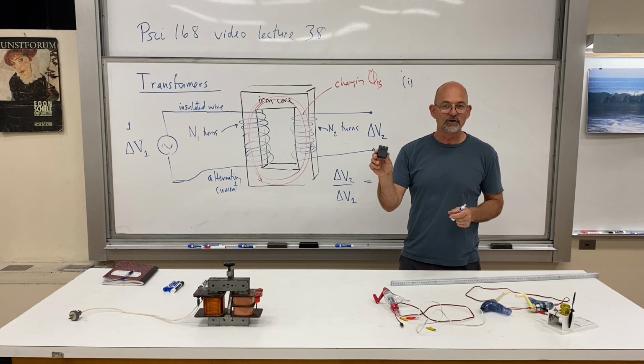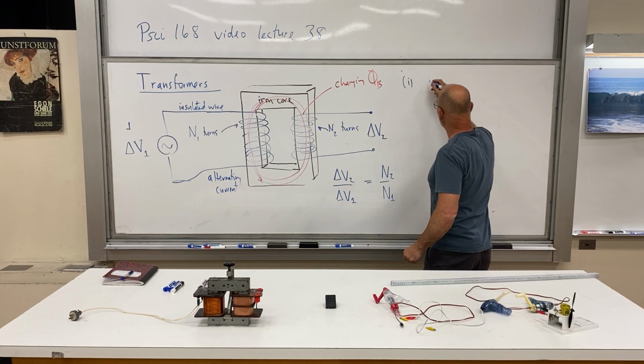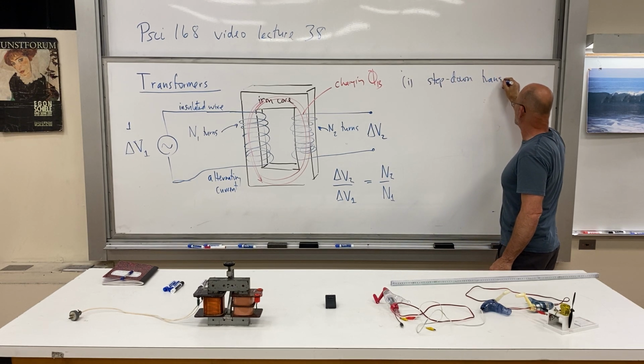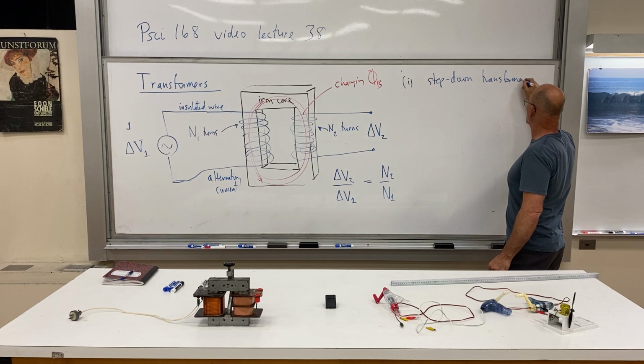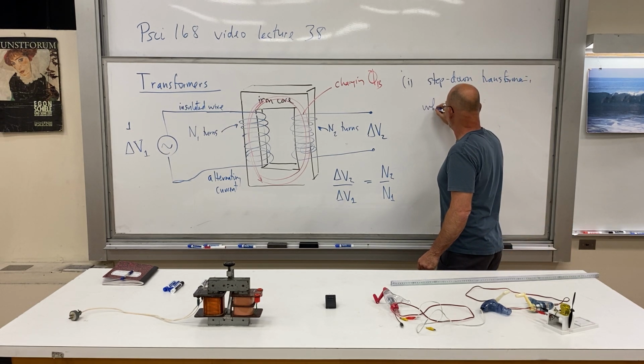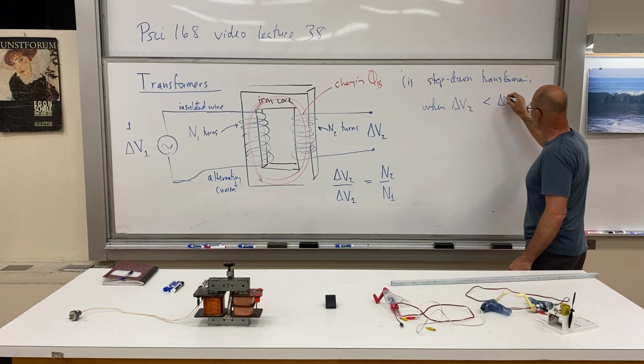They usually go from 120 down to 12. So that is called a step-down transformer, for example, when delta V2 is less than delta V1.